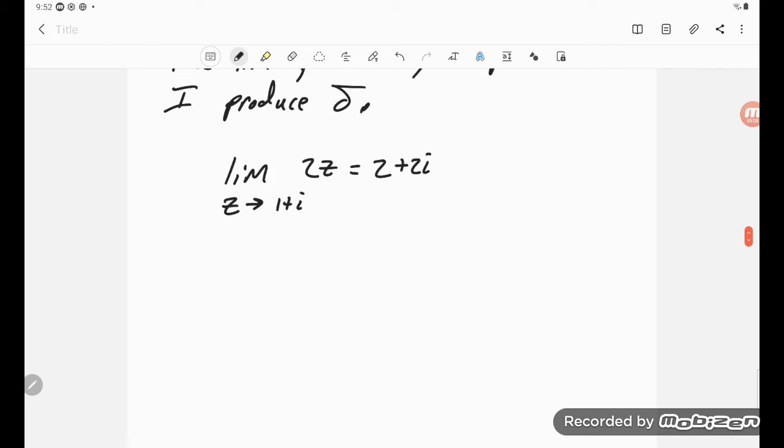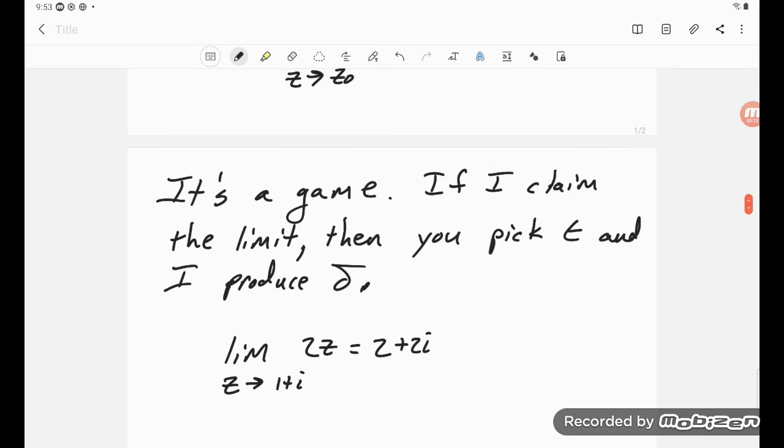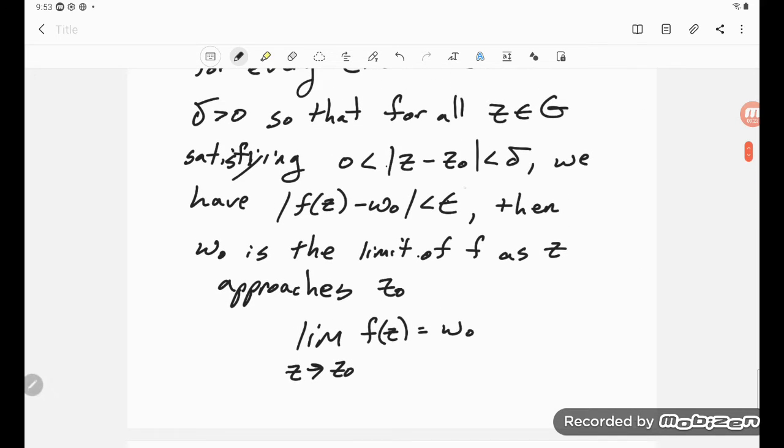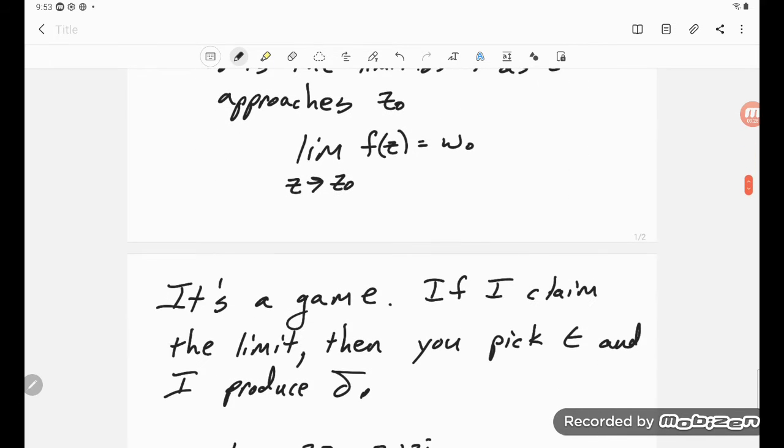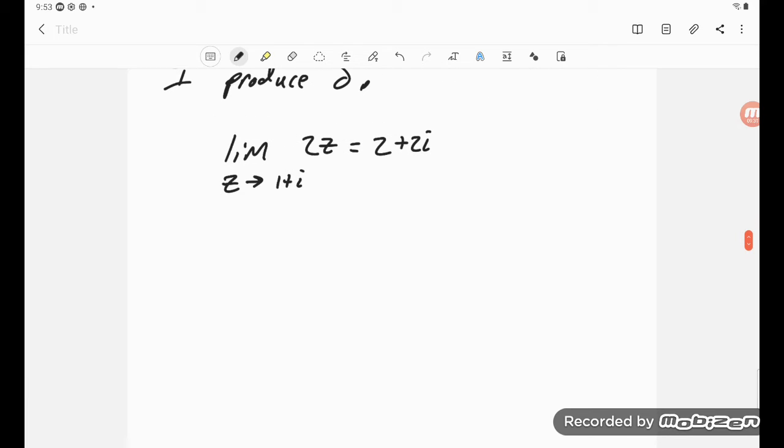Typically, although you may not start this way, often what you do is start with the basic statement at hand, f of z minus w naught. So we would take the absolute value of 2z, there's f of z, minus 2 plus 2i.